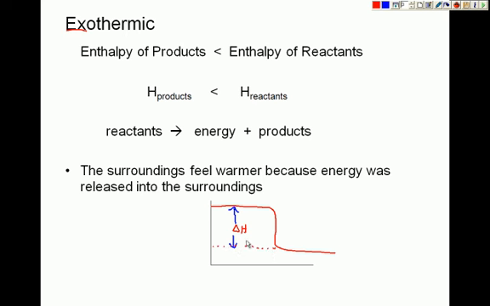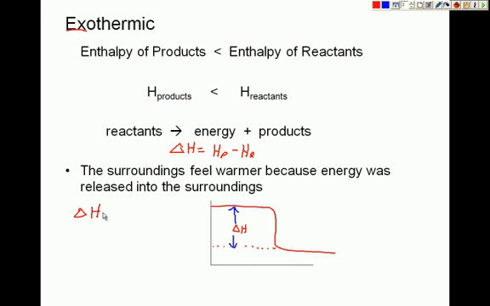It's going to go down. And since it's products minus reactants, delta H equals H products minus H reactants, and it's going to be a negative number.